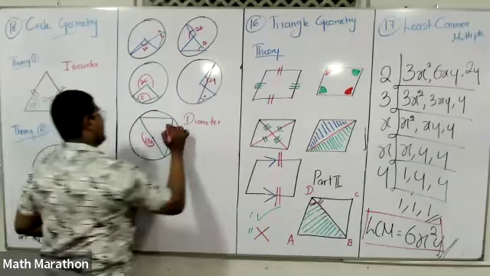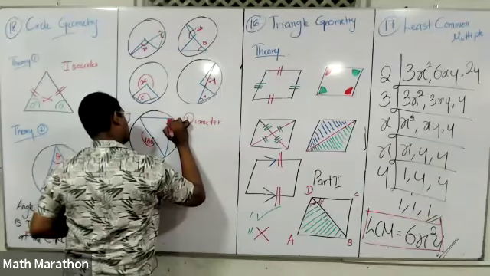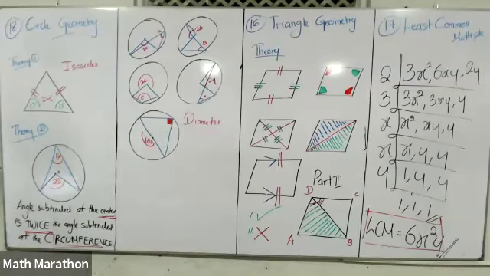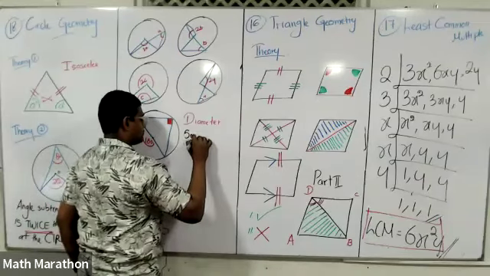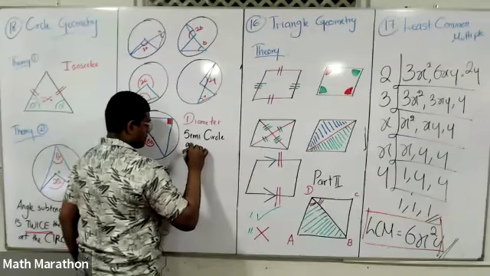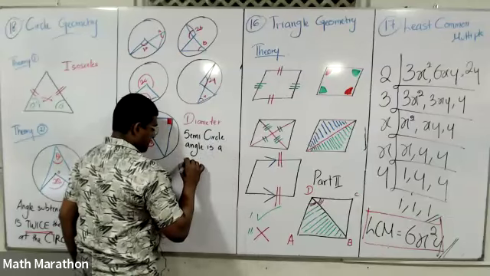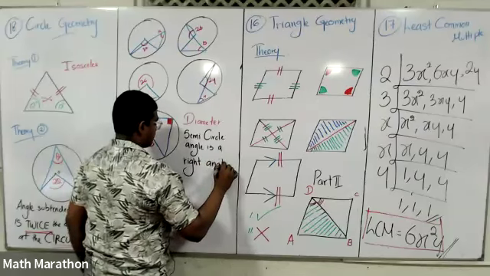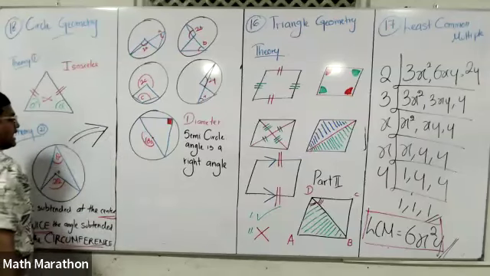So if this is 180, this is 90, half of 180. That's why we call the semicircle angle a right angle. This is derived from this. That is how it is derived.